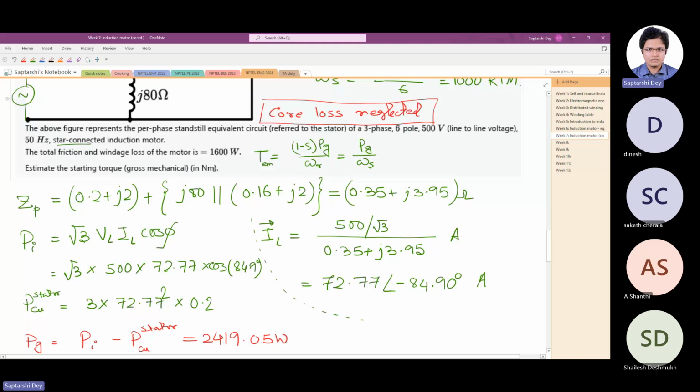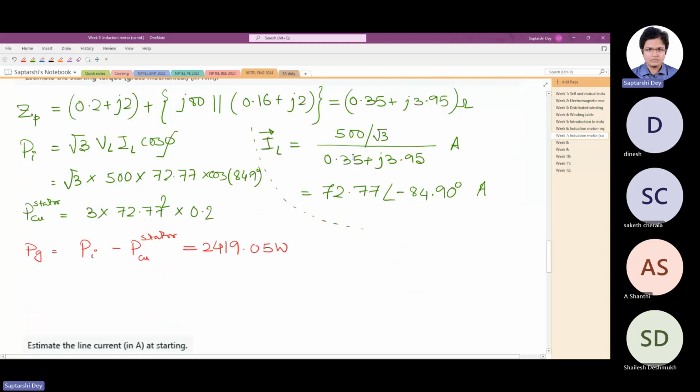Now we have got PG. So starting torque is PG by synchronous speed. Starting torque is also the stall torque. Stall means standstill condition. So starting torque is also stall torque.